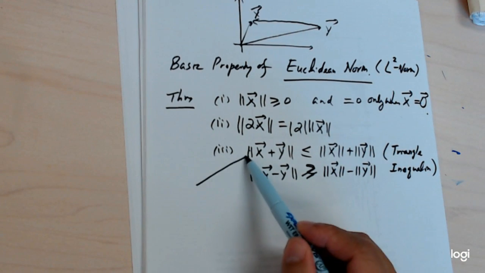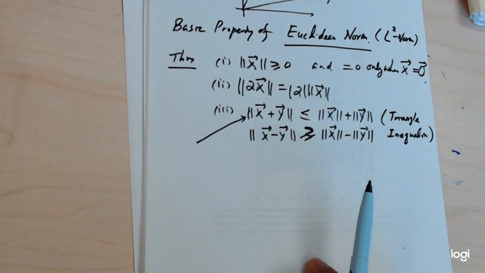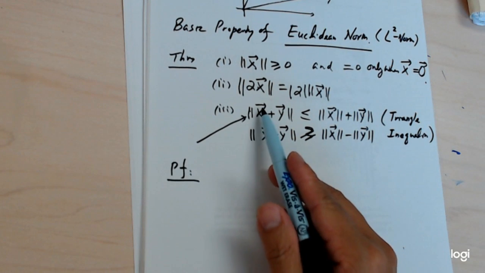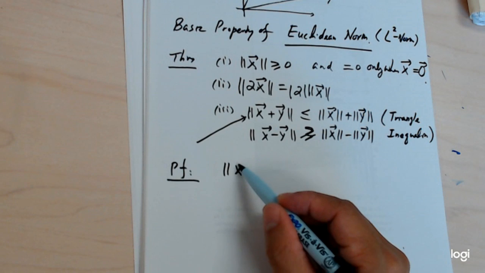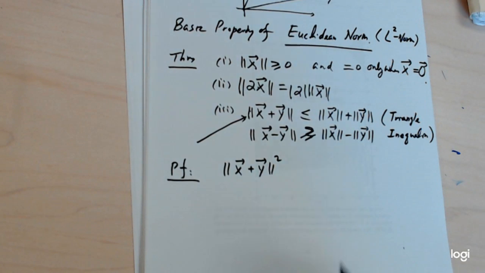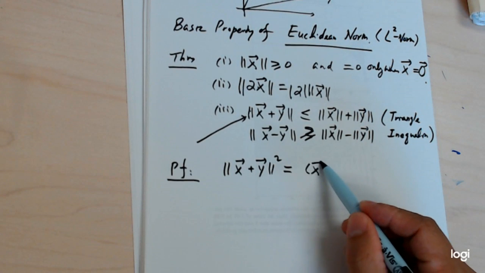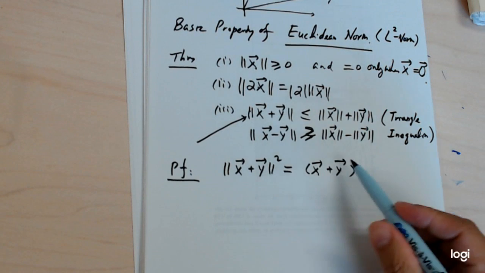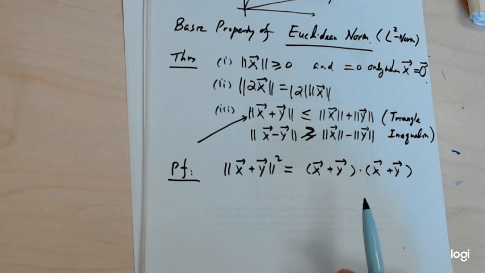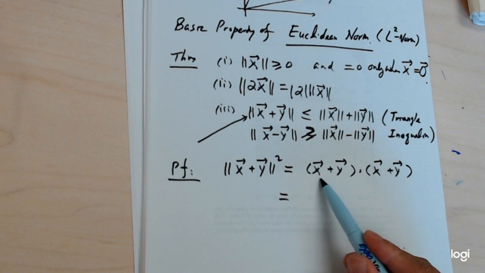This is probably less trivial, and I'd like to try to prove this. I'm going to take the square on both sides. Recall that the square of the norm is the dot product between those two vectors. So this is actually a dot product between x plus y and x plus y. Recall the dot product satisfies this property. You can basically FOIL this out.